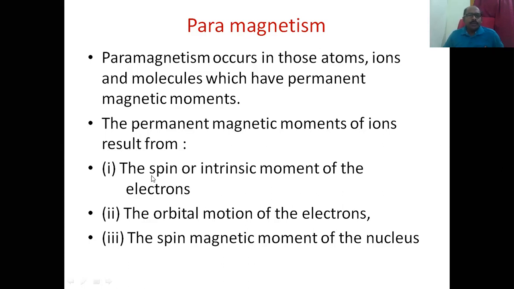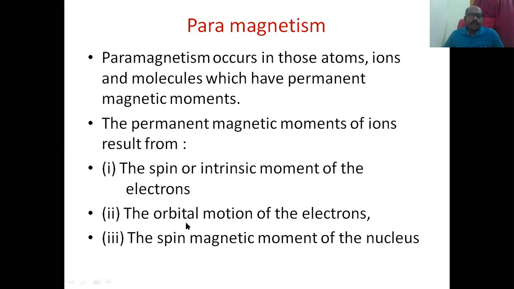The first point is the spin or intrinsic moment of the electron. That means the spin motion is responsible for intrinsic magnetic moments. Whenever the electron spins, it possesses some angular momentum, and whenever a charged particle is rotating, it is responsible for a magnetic moment.